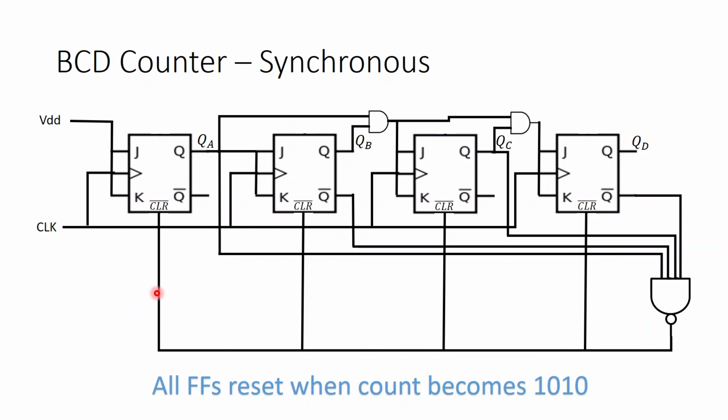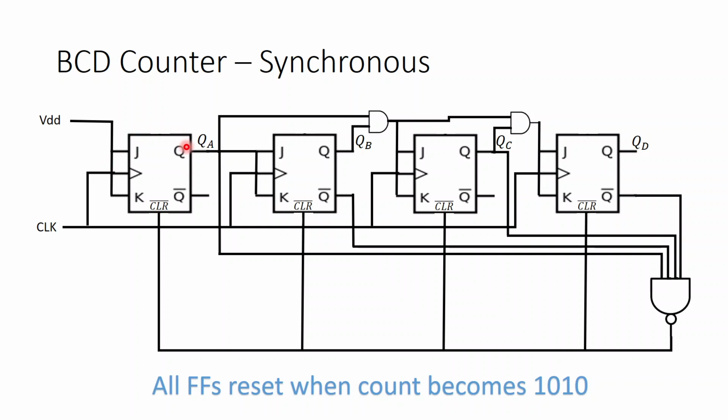But that reset signal should not be connected to the asynchronous clear signals. They would be connected at the inputs J and K through some logic circuit. I can connect an AND gate and pass that 0 to this AND gate. This signal will be 0 only when the output is 1001.